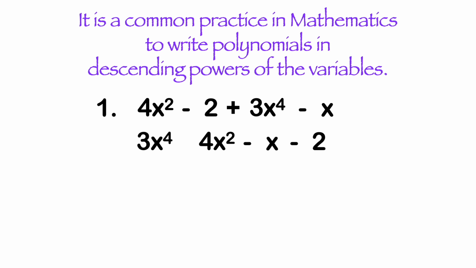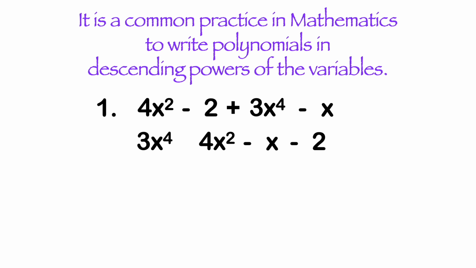Ayan. Pansinin nyo, doon sa given, walang sign si 4x squared. Nung nilipat natin siya, wala ding sign. So, pag walang sign, maglalagay ng plus. Kasi, yung sign ng 4x squared ay positive yan.